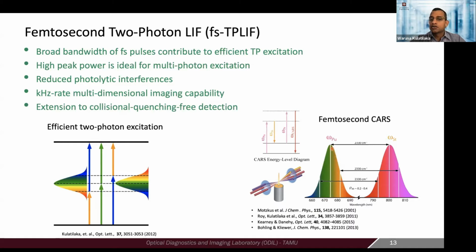The only difference is that you excite rotational or vibrational transitions, whereas in two-photon electronic excitation of atoms and molecules, we typically excite the electronic transitions. Myself and a number of other research groups have been involved with femtosecond CARS, but today let's focus on femtosecond LIF.